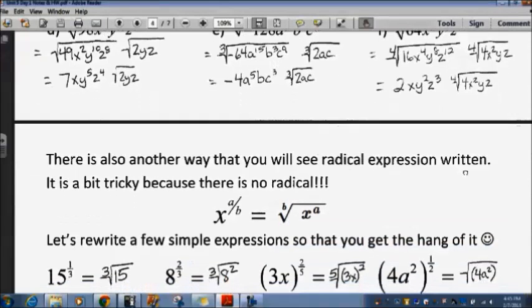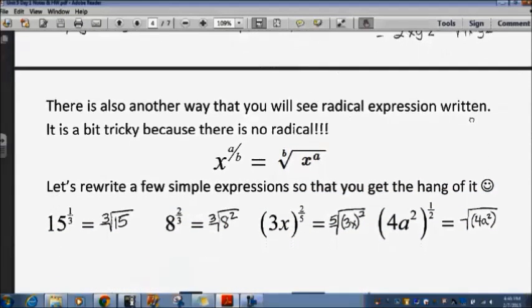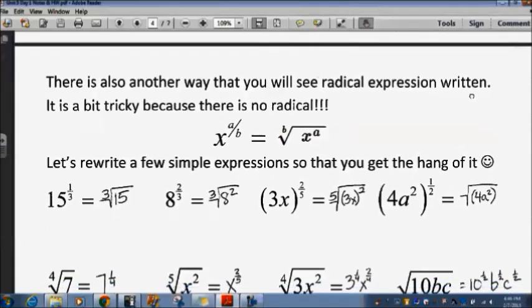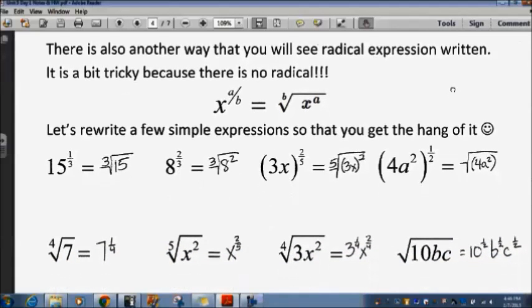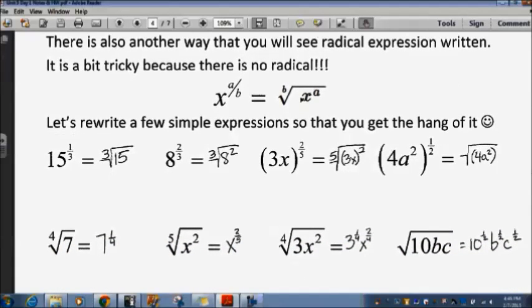There is also another way that you will see radical expressions written. It's a bit tricky because there's no radical. Basically, this is just exponent form, because our exponent is our power here. Now, this is exponent form, x to the a over b, which is equal to the bth root of x to the a.